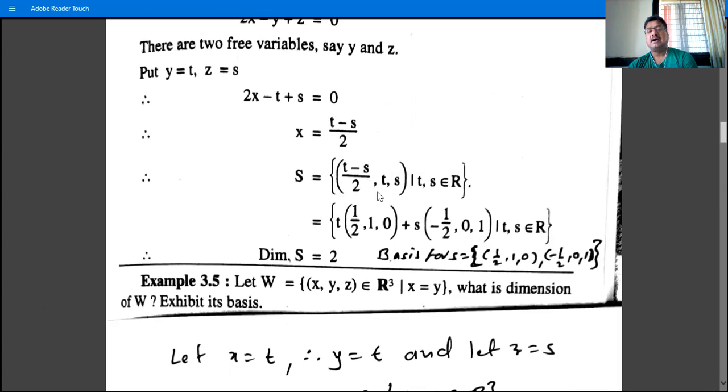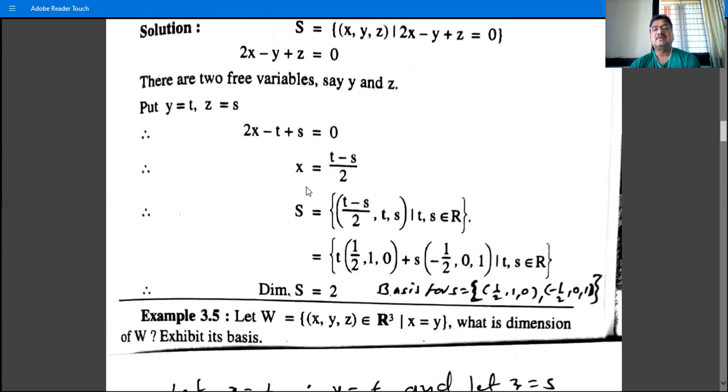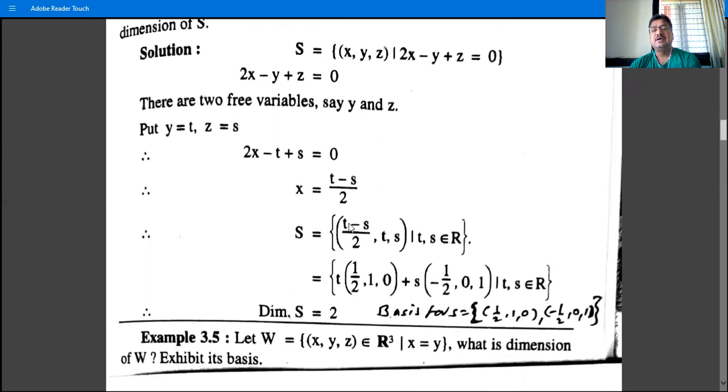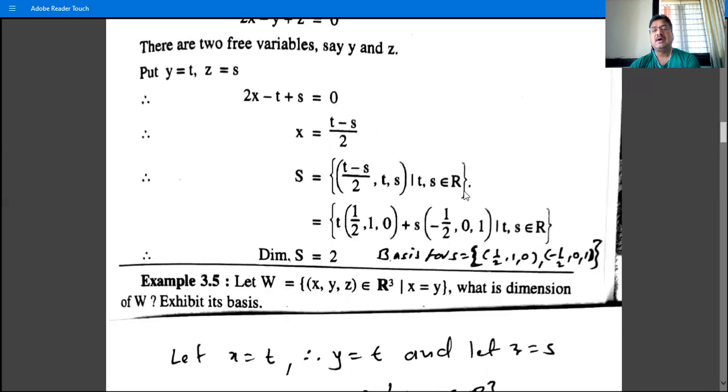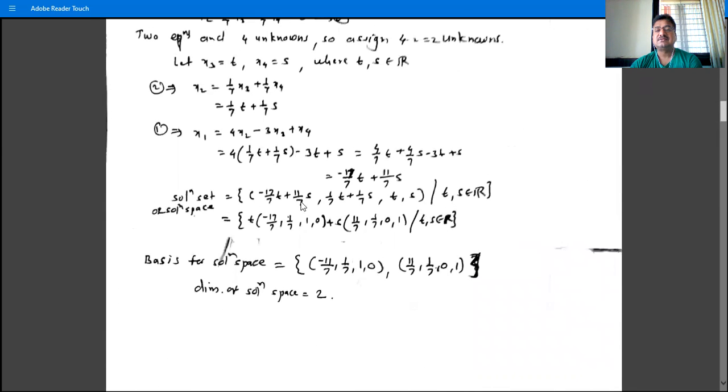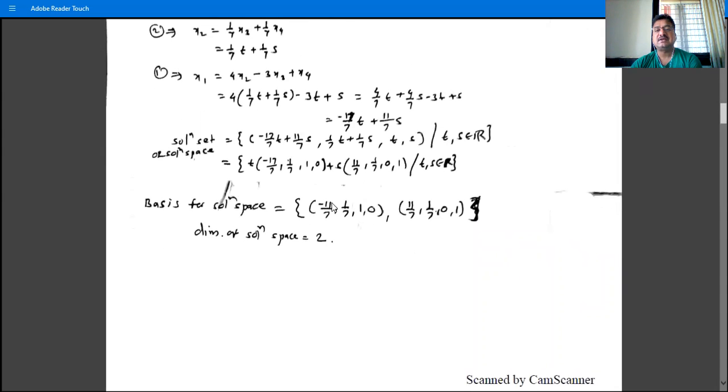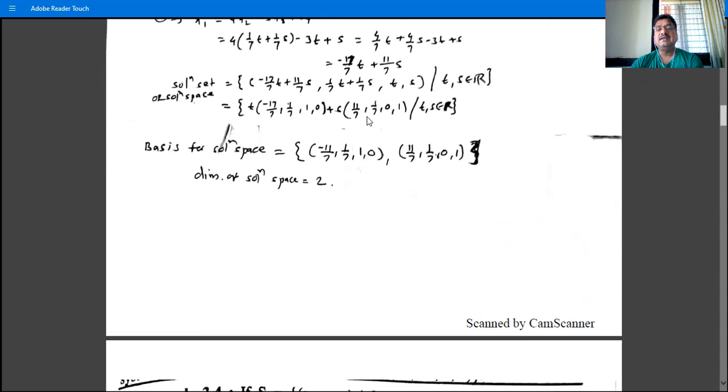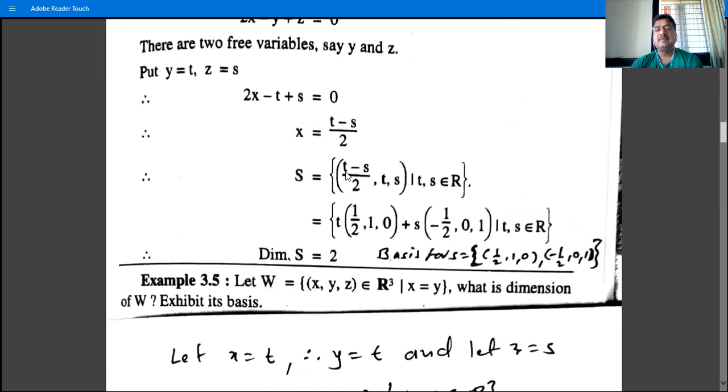Therefore S is equal to the set of (t minus s by 2, t, s) such that t and s belong to R. Similar to before, we have the solution space, solution set, and then take t and s as common. So we have t times (1/2, 1, 0), and then take s as common, plus s times (minus 1/2, 0, 1).